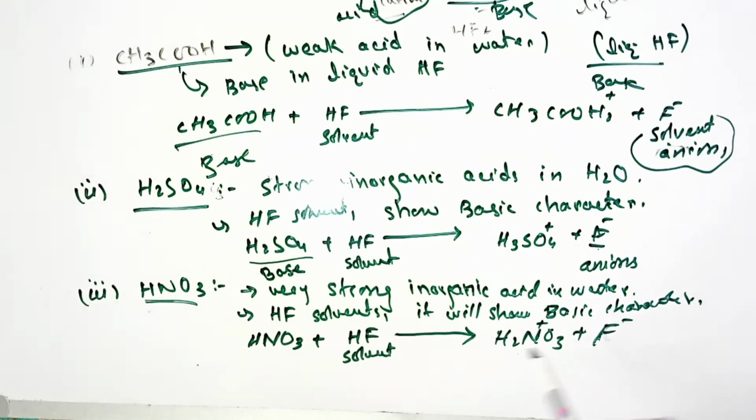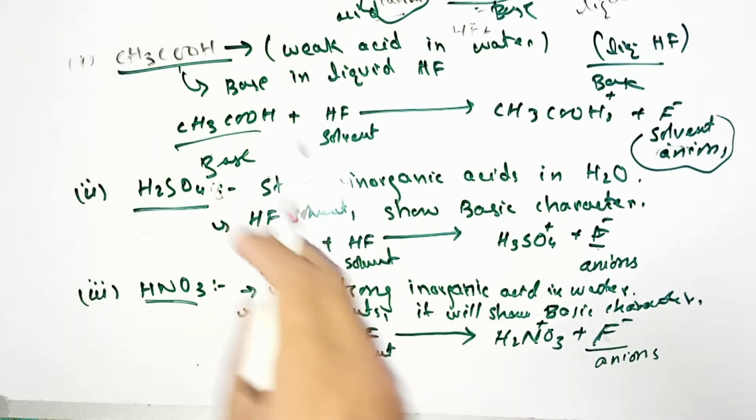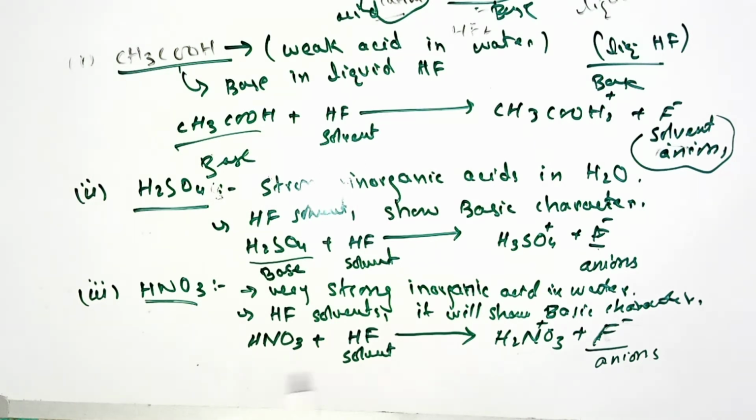So that's why, as a result, they will furnish the anion of the solvents that was produced by the auto-ionization of solvents.